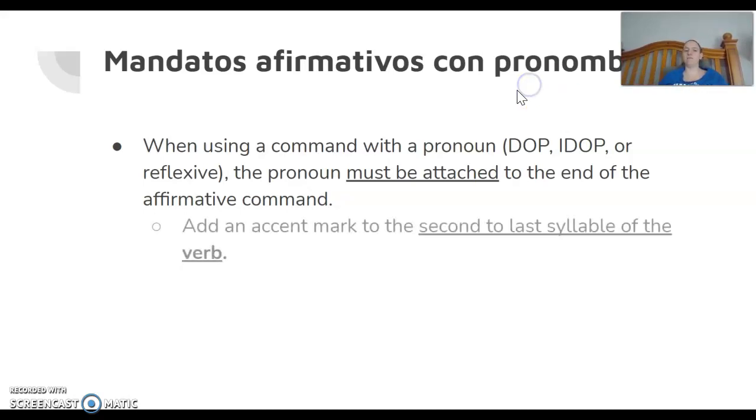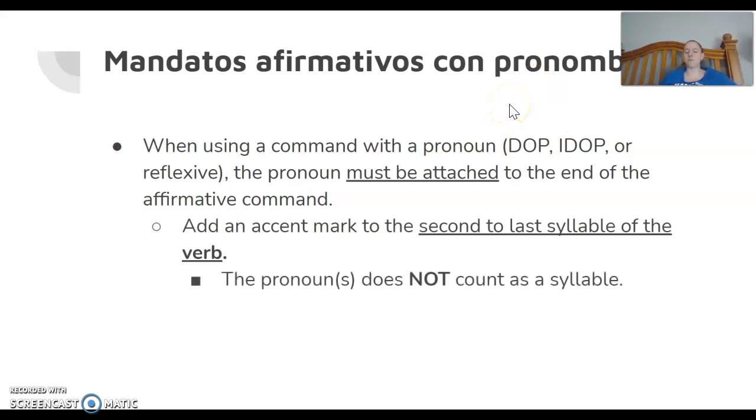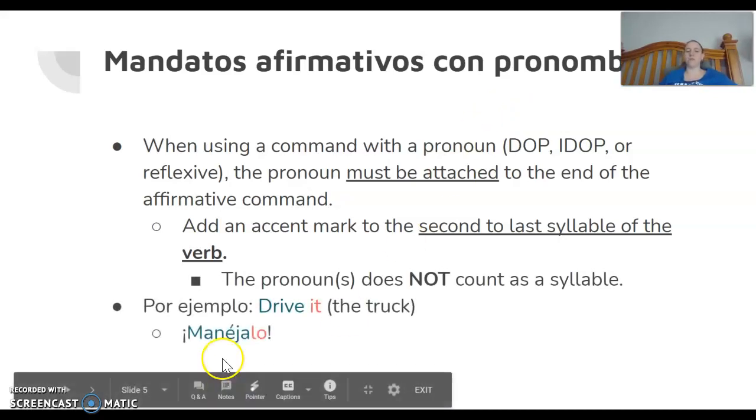Then you have to add an accent mark to the second to last syllable of the verb. The pronoun is not going to count as a syllable. Okay, so drive it, if it is the truck, manéjalo. So lo would be the direct object pronoun for the truck, el camión. Maneja, the command form of drive, one, two syllables back, accent on the e.